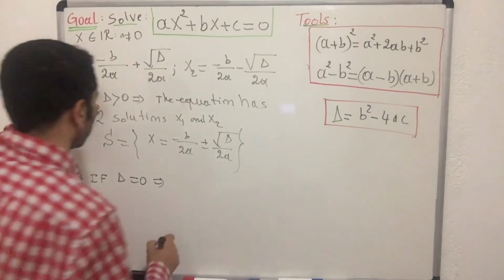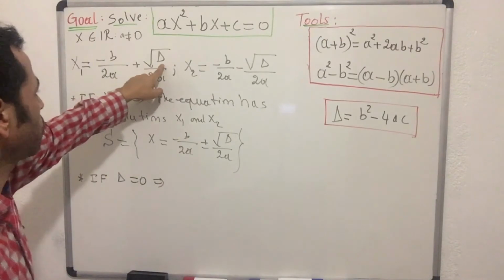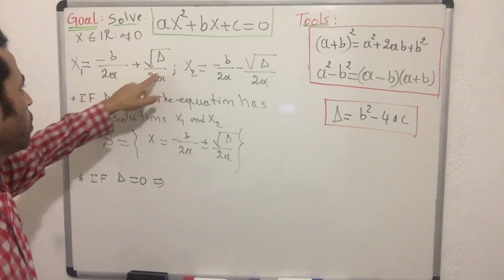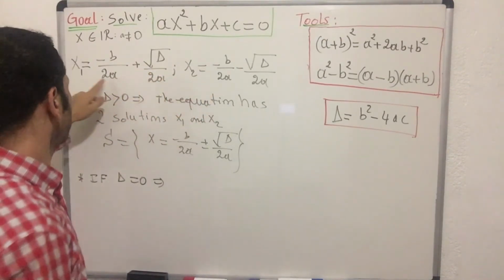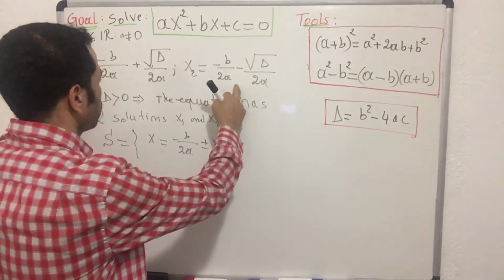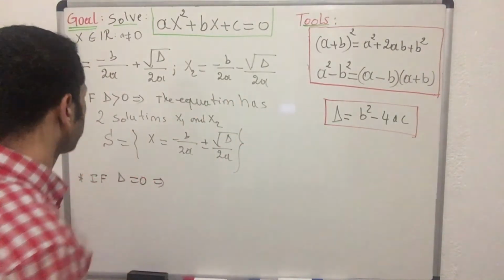Now if you plug in 0 here into delta, both solutions are equal, okay?